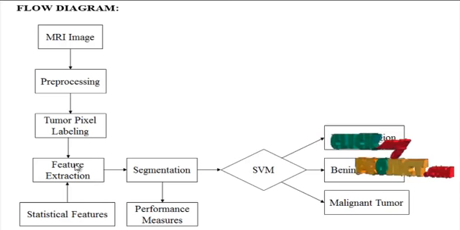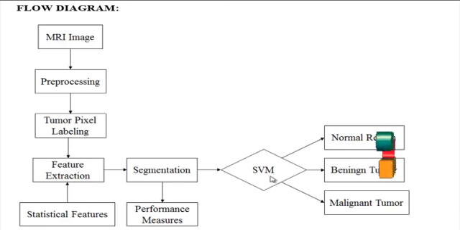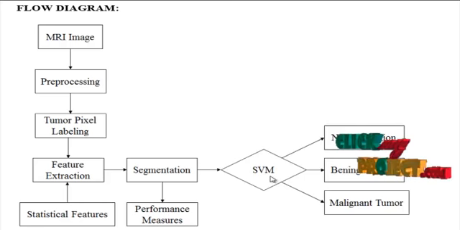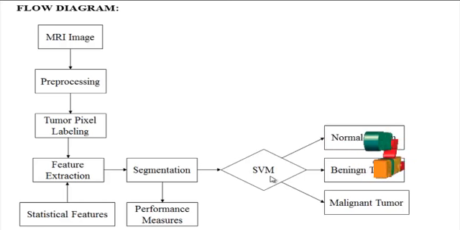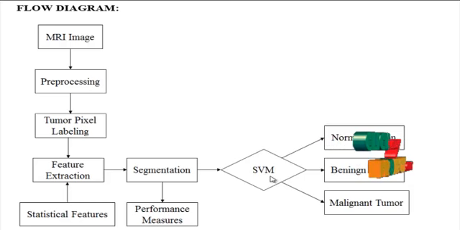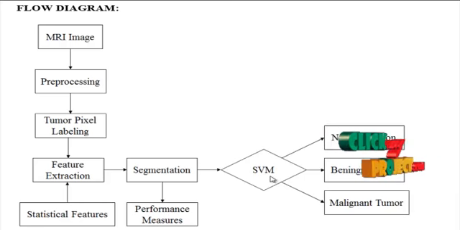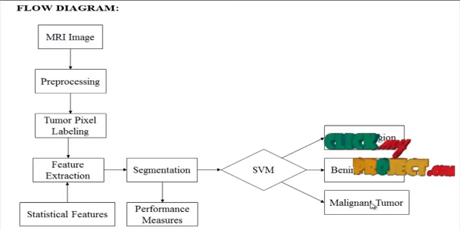The extracted features were classified with the help of support vector machines into three different regions. The identification of the different types of tumors will help in the notification of the different portions in the images. Thus, the SVM classifies the images into normal, benign, and malignant.